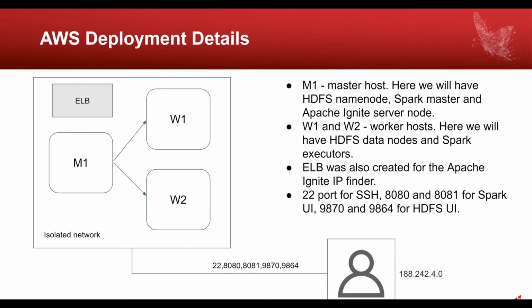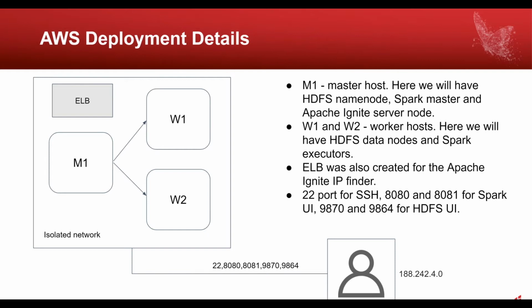Finally, we prepared a special ELB, Elastic Load Balancer, that we will use for the Apache Ignite IP Finder. It's a special way for each node of Apache Ignite to tell other nodes its IP address.